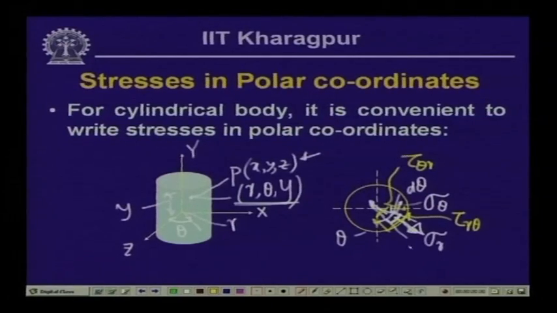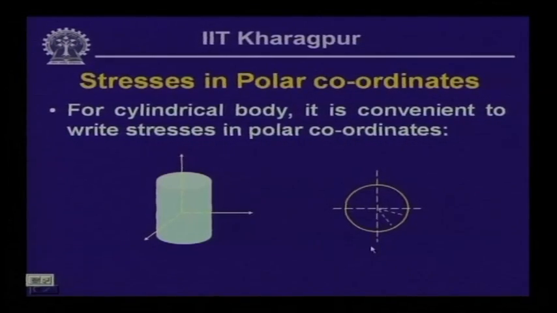So, we define the state of stress on this particular body at a point as sigma r, the radial stress, sigma theta, the tangential stress, and tau r theta, the shearing stress. Now, let us look into how, if a body at a point is subjected to these stresses, we arrive at the equations for equilibrium.